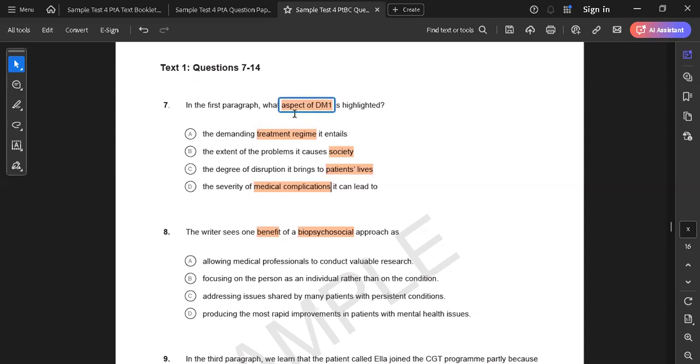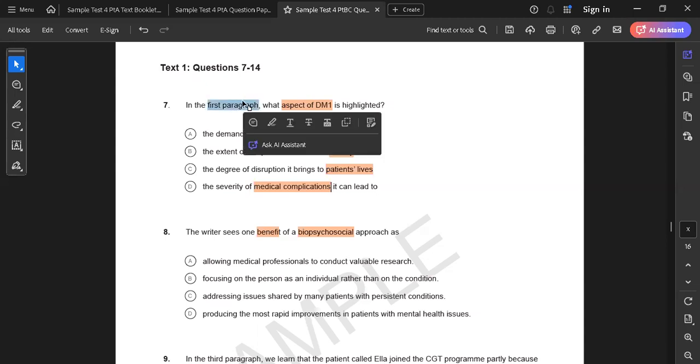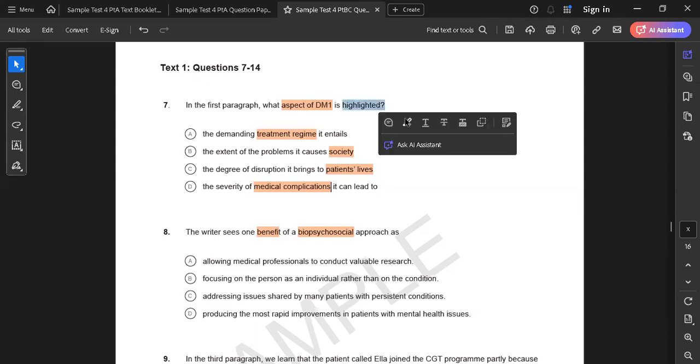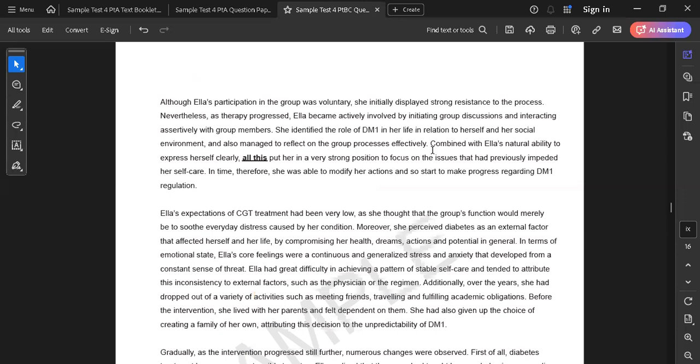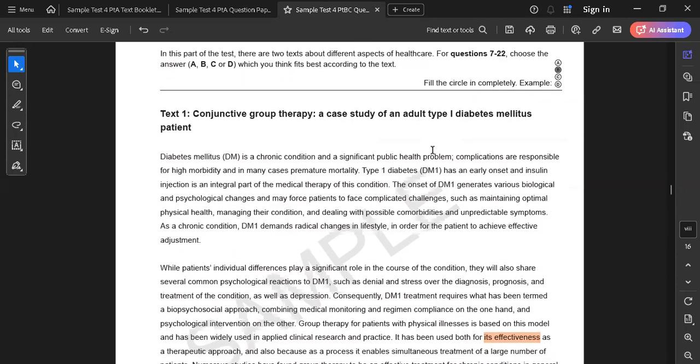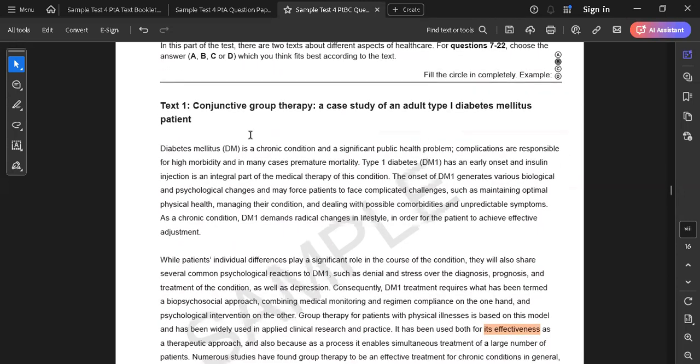All right, so you read the question and then you have underlined the question keywords, and it's even easier, you just need to go to the first paragraph. They said, what aspect of diabetes is highlighted? So your focus is on highlighting of something. You have gone back to the passage, you have seen your keywords: this is a chronic condition.